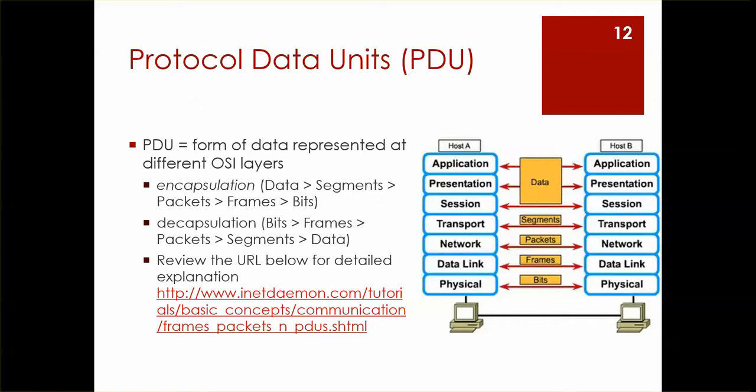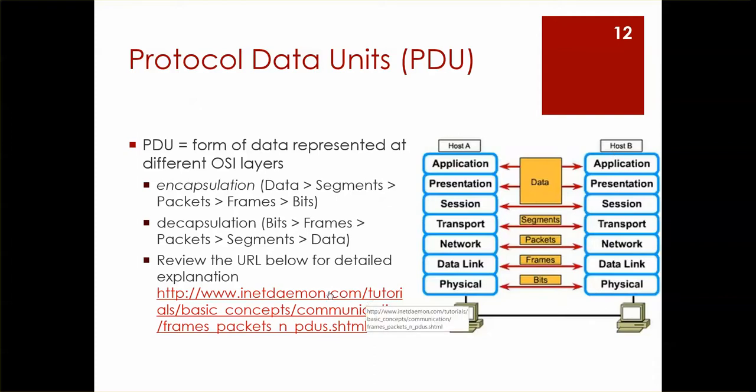Important terminology to note: encapsulation. It's basically the flow of the data from the highest level human readable format to the lowest level machine readable format, or bits. And then decapsulation, moving upward from the very basic bits level up to the data level.